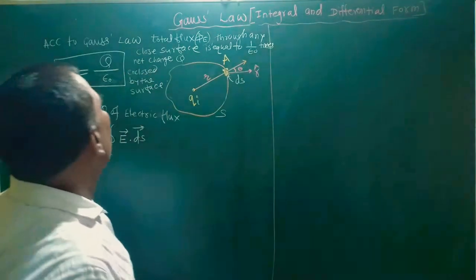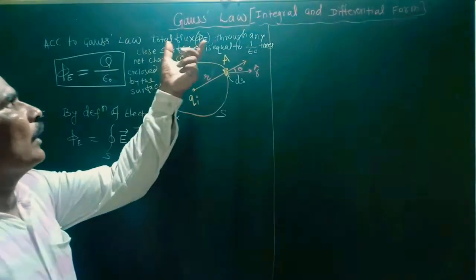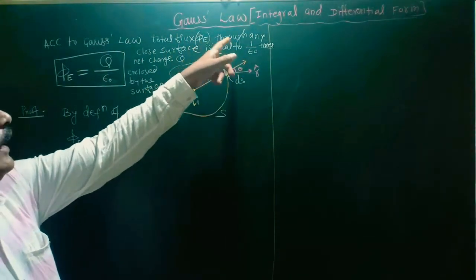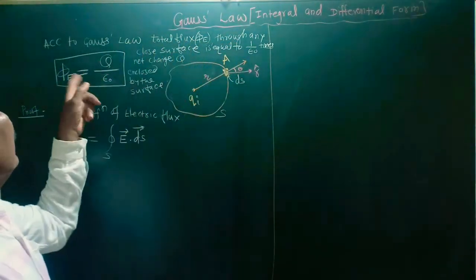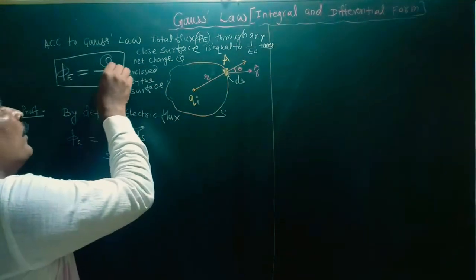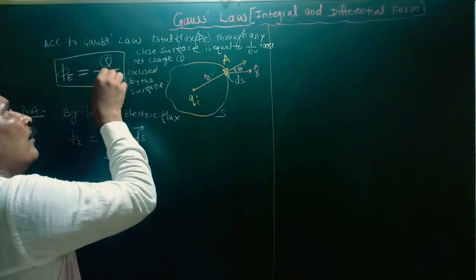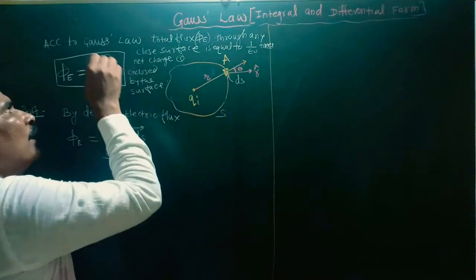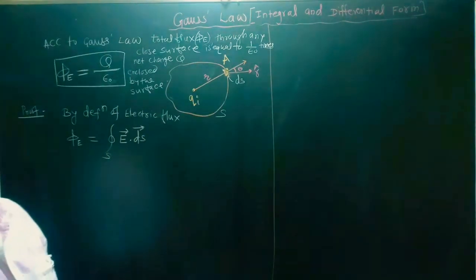This is the Gauss law: total flux phi E through any closed surface is equal to 1 upon epsilon 0 times the total charge enclosed by that surface.